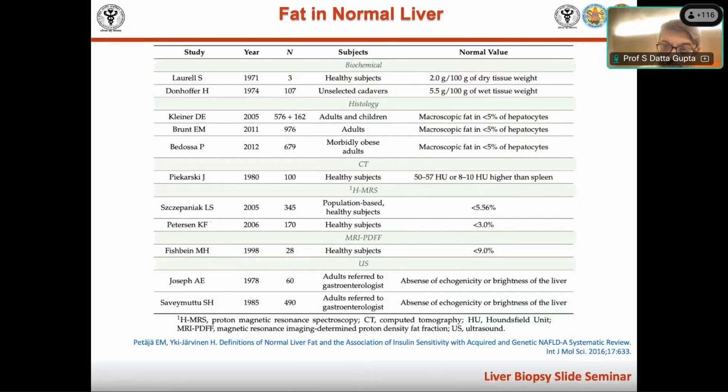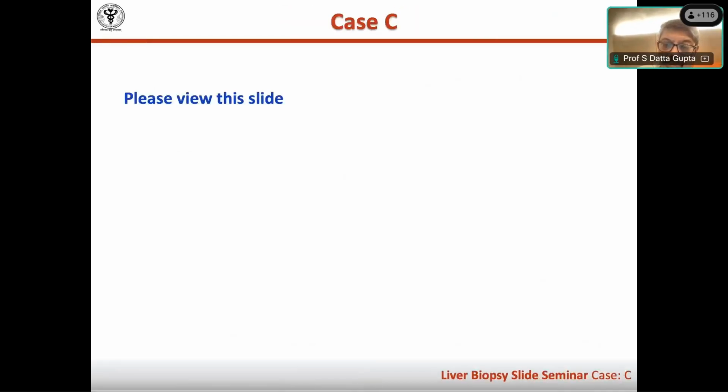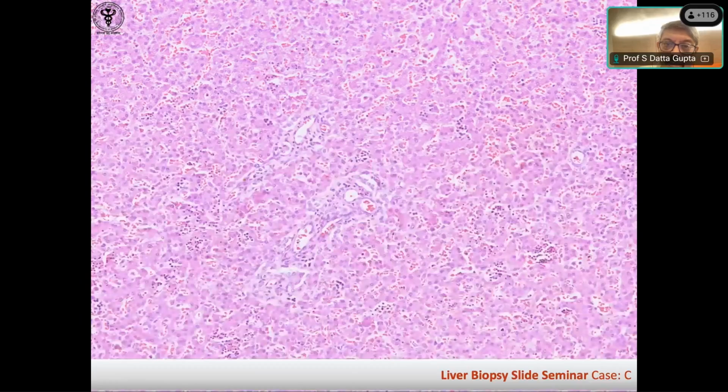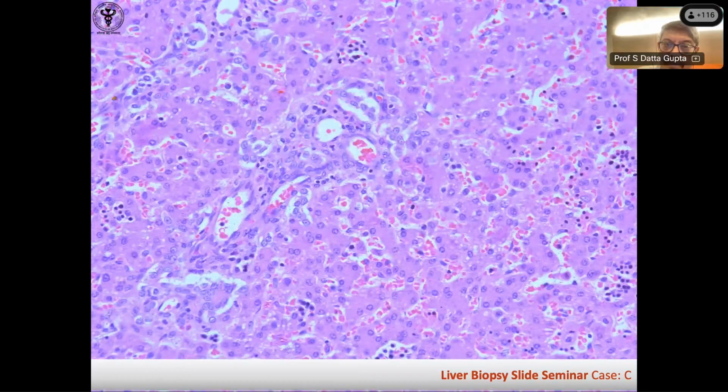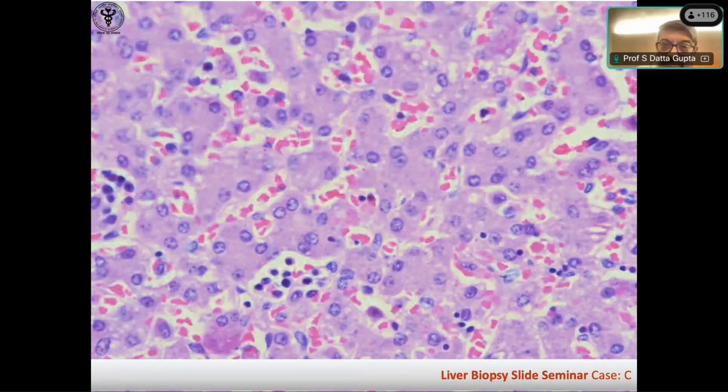So with this, please see this slide. Liver biopsy. There are some cells here. Note these cells.